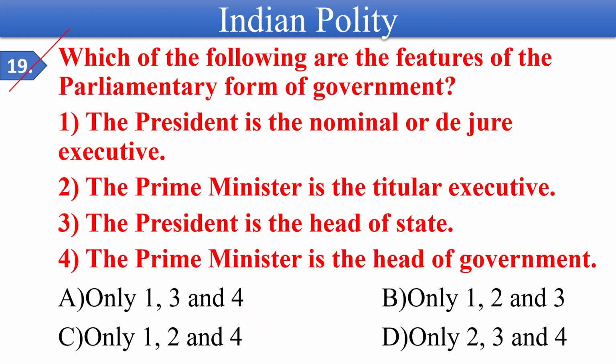19th question. Which of the following are the features of the parliamentary form of government? 1. The President is a nominal or de jure executive. 2. The Prime Minister is the titular executive. 3. The President is the head of the state. 4. The Prime Minister is the head of the government.